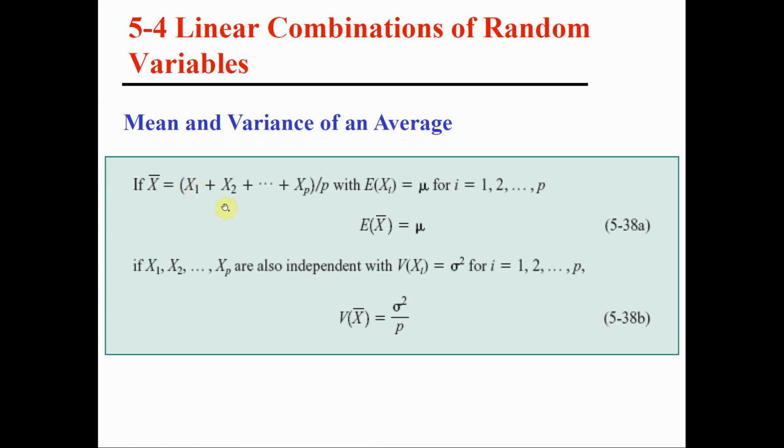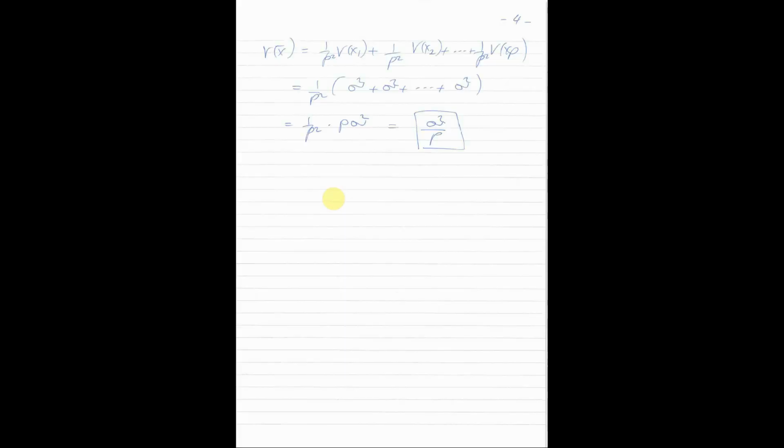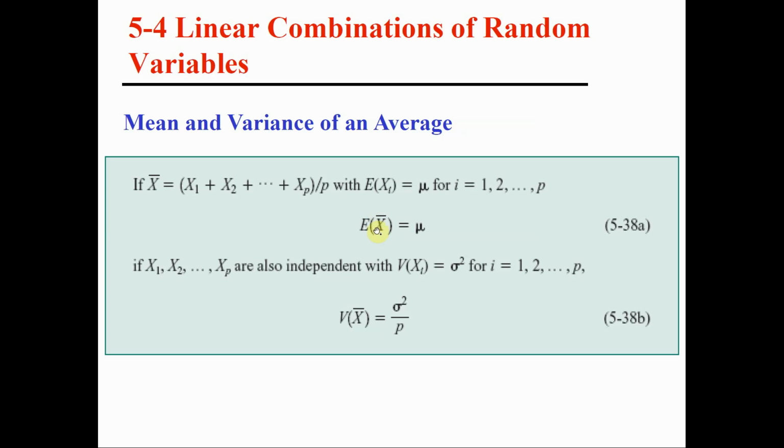If x1, x2 until xp are random variables, and the expectation of each is mu and the variance of each is sigma square, so each one of them has the same expectation mu and the same variance sigma square, and we define our new variable x bar to be x1 plus x2 plus and so on until plus xp, divided by p, we have seen in the previous notes that the expected value of x bar is simply mu, and the variance of x bar is simply sigma squared divided by p.